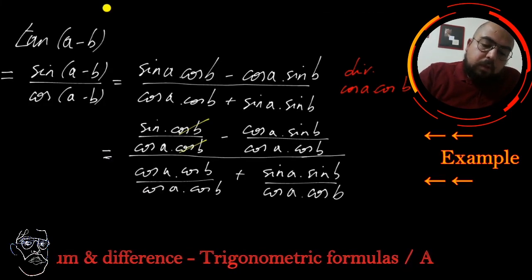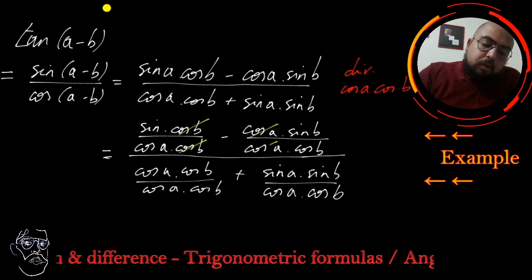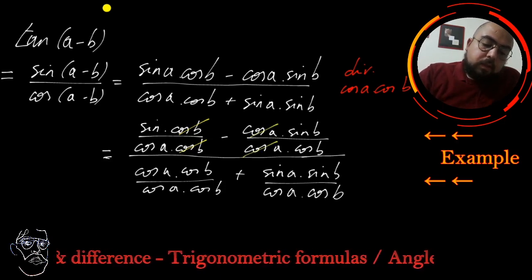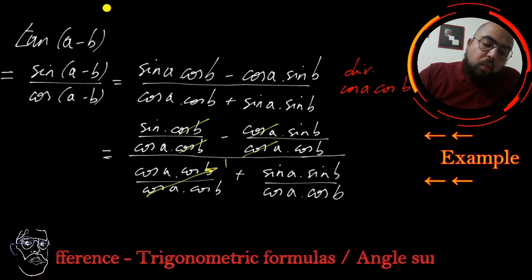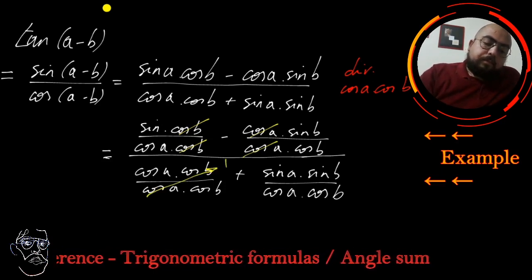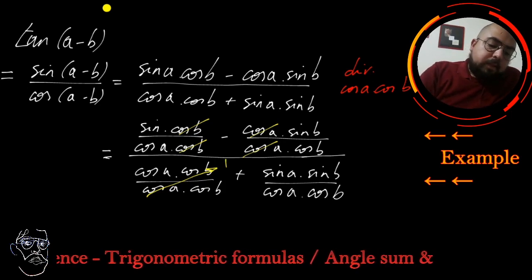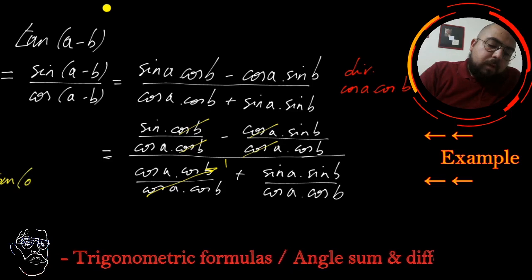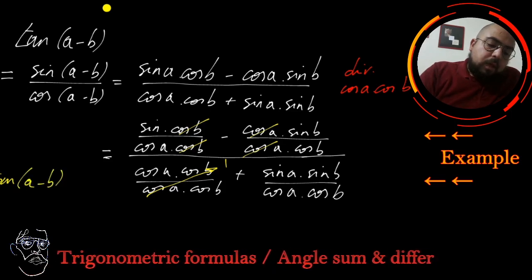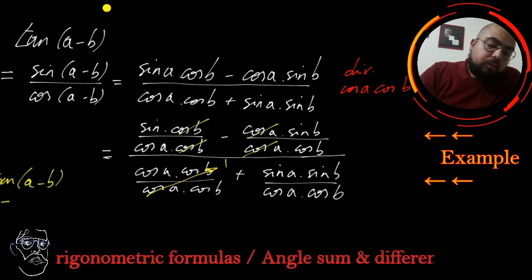Cosine B, cosine B, cosine A, in this place you will obtain 1.